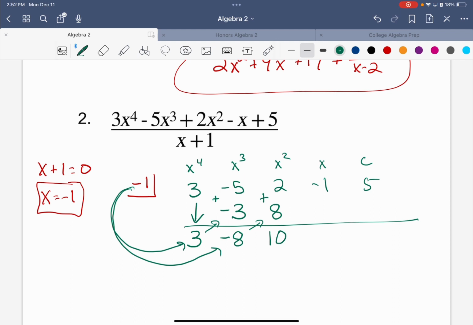So 10's below the line. -1 times 10 is -10. -1 plus -10, below the line's -11. Multiply again. -1 times -11 is 11. 5 plus 11 is 16. That's the last one. That's going to be my remainder.